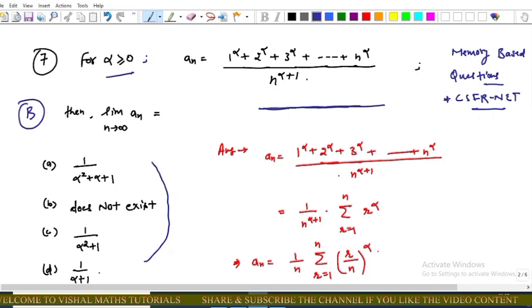Now we arrange the terms such that a_n is equal to 1 upon n power alpha plus 1 into the summation of this series, summation of r power alpha where r goes from 1 to n. Now we arrange the terms again, that is a_n is equal to 1 upon n summation of (r upon n) power alpha where r is 1 to n.